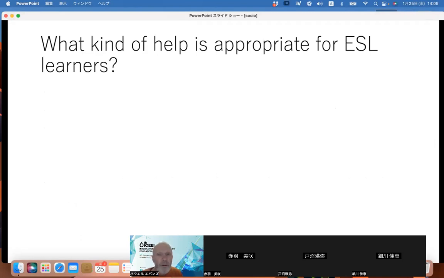Anyway, what kind of help is appropriate for ESL learners? Pictures, first language. I would say if pictures is okay, why not first language, right? In mainstream second language acquisition, for a long time, they'd say, yeah, we can scaffold with pictures, right? That's no problem, but you mustn't scaffold with first language.